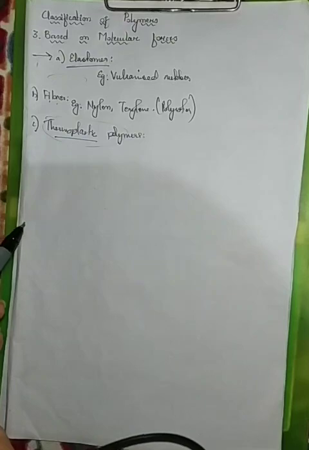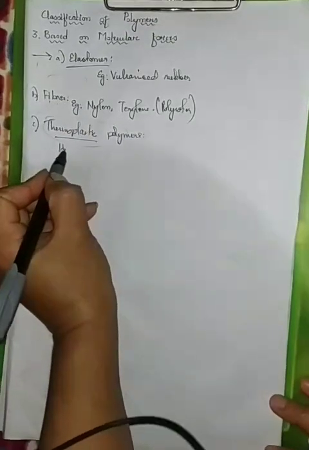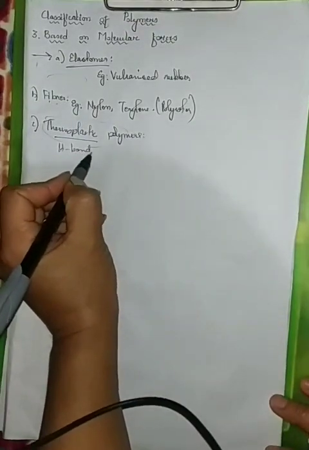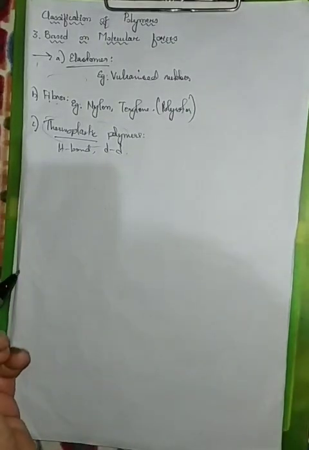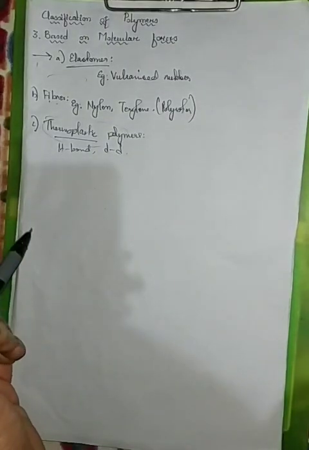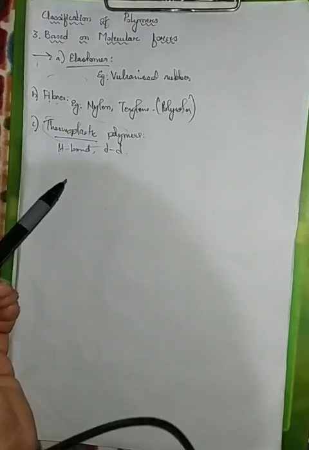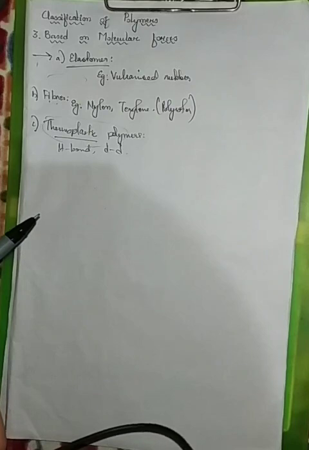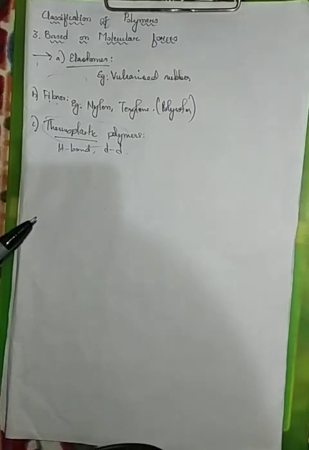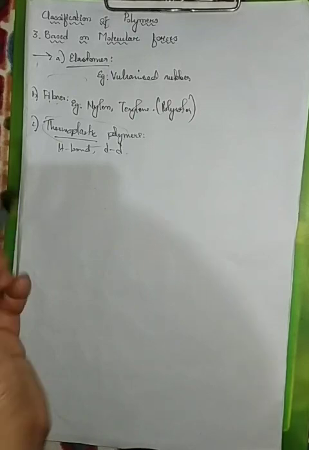That is, the forces of attraction here would be a hydrogen bond or double bond. Therefore, they have intermediate forces of attraction between that of the elastomers and fibers, and on heating they become soft, and on cooling they become hard. That means thermoplastic polymers are also known as reusable polymers.